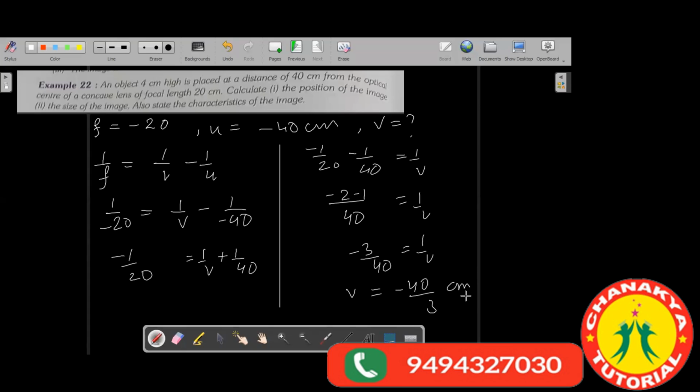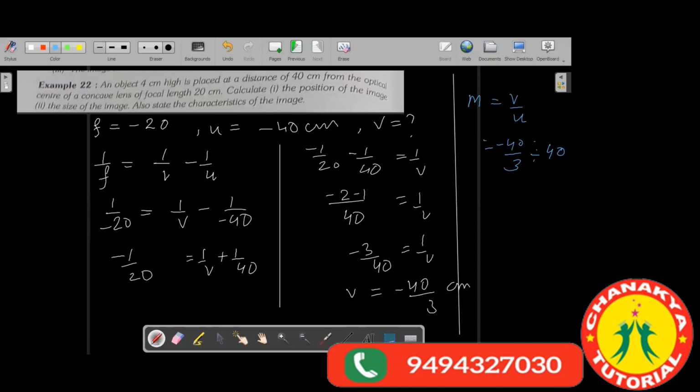The same steps we have to repeat as in the previous one. Find the magnification and find the height of the image. Your magnification is V by U, which is minus 40 by 3 divided by minus 40.